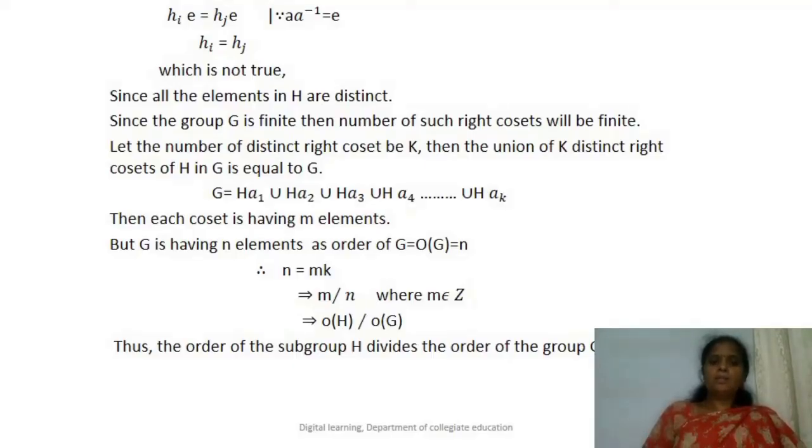By the divisibility property, we can say that m divides n. So order of H divides the order of G. Thus the order of the subgroup H divides the order of the group G, so Lagrange's theorem is proved.